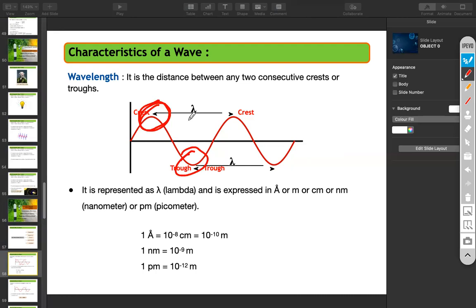Crest and trough. Now, wavelength is the length of the wave formed. You can start from anywhere. If you start from here, one wave should form, and this is over. This is the wavelength, the length of one wave. Got it?